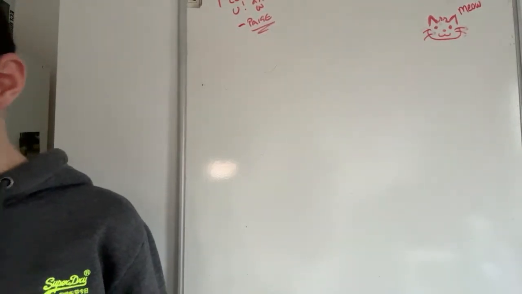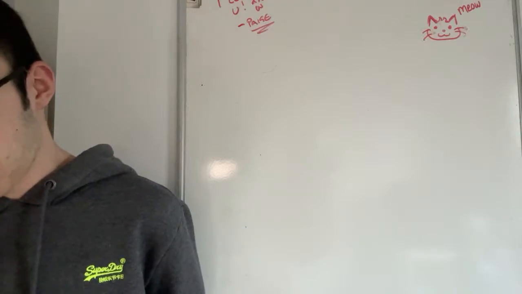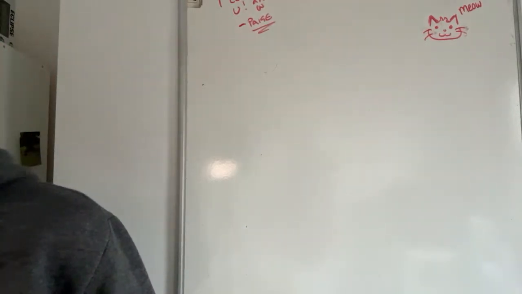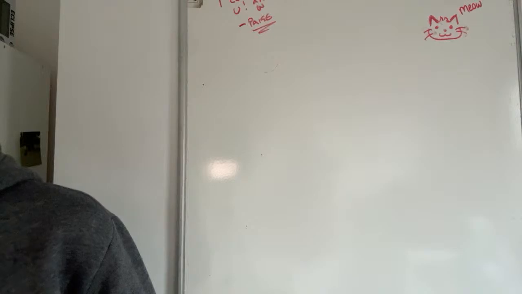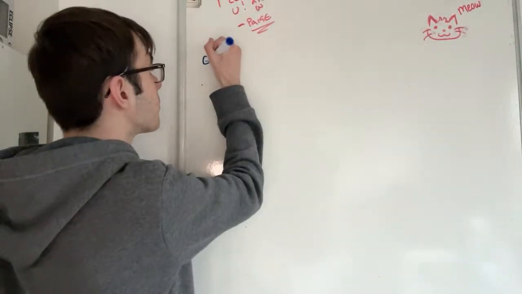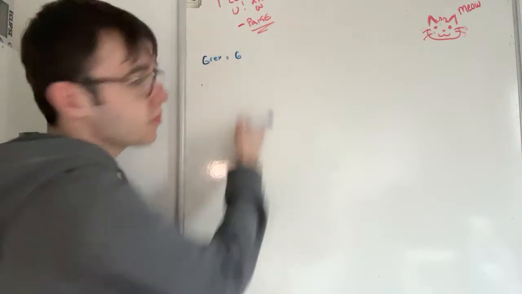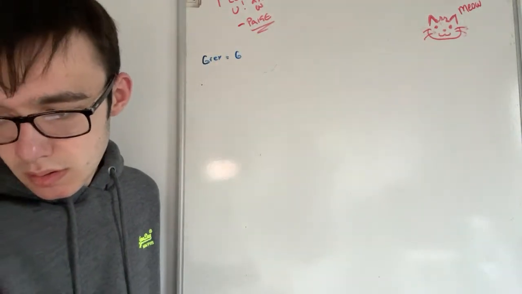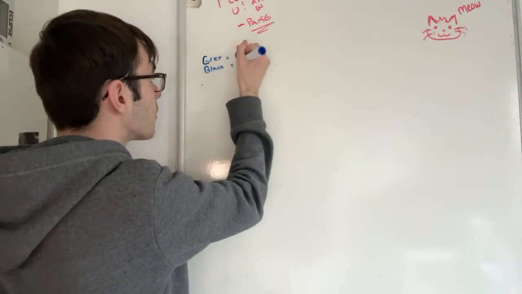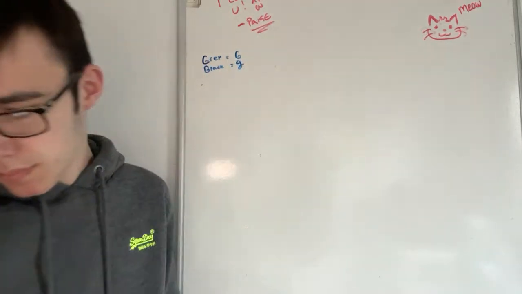A heterozygous grey-bodied, white-eyed female fly was crossed with a black-bodied, red-eyed male. So, grey body is G. Black body is g.